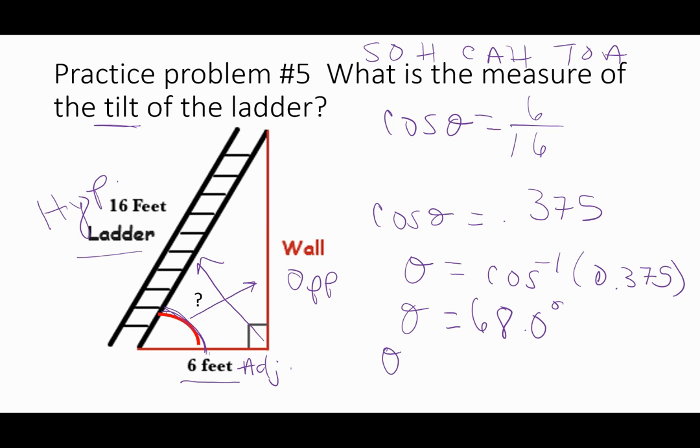It really is 67.9756, and you can see all those roll up to basically 68. You could do 67.98 or 68 degrees, depending on what it's asking you to round to.